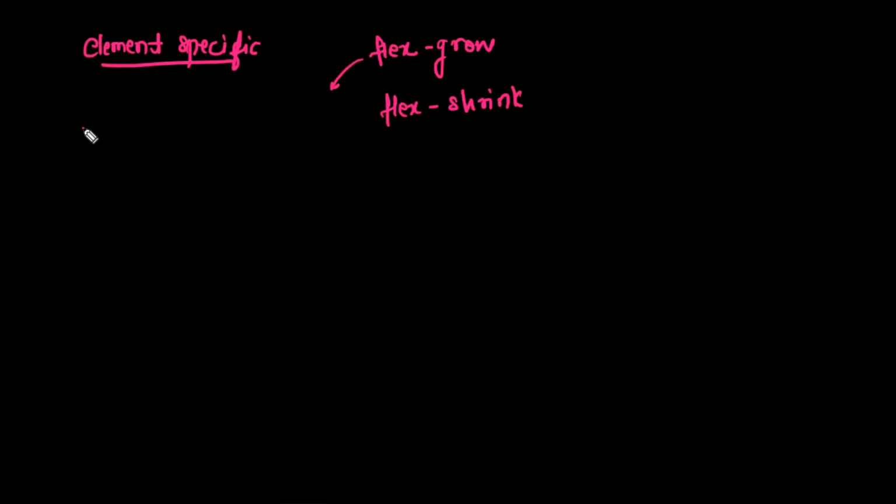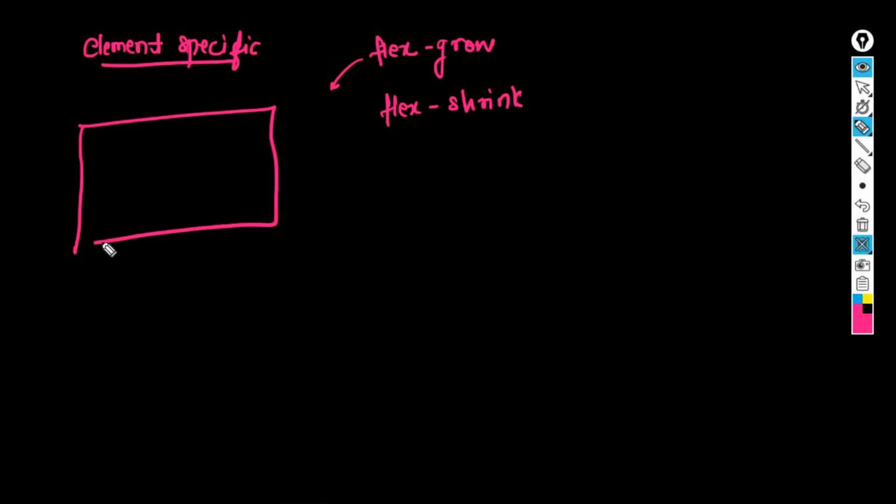Flex grow: suppose this is a parent element and this is an element I have taken. Now if I write flex grow equal to 1 for this, it is going to take all of its horizontal space like this. This is what is called flex grow.